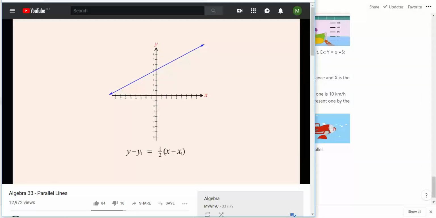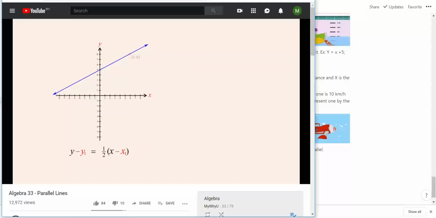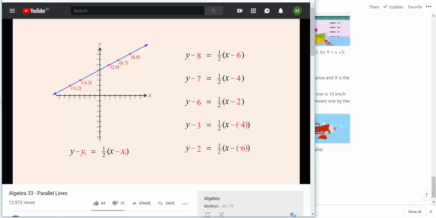Since in point-slope form, any one of an infinite number of points on the line may be used to determine the values of x1 and y1, there are an infinite number of different equations which can be written that describe the same line.